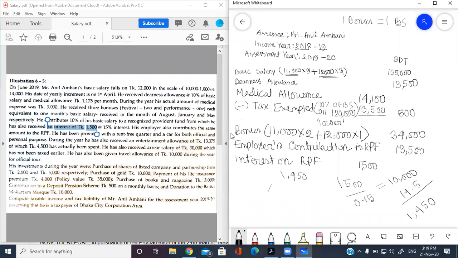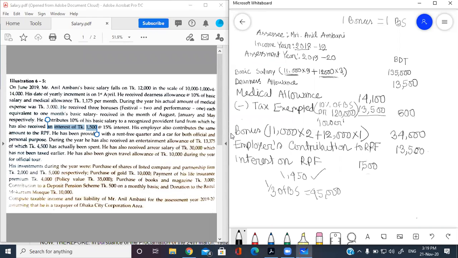And another one is 1/3 of basic. So total basic is 135,000. What is 1/3 of basic if the total is 135,000? 45,000.